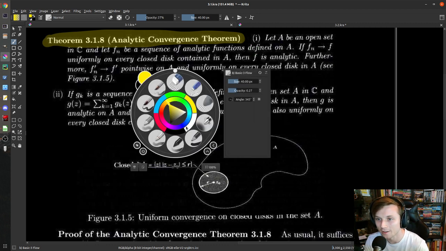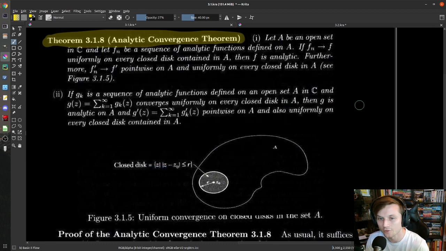So the analytic convergence theorem is two parts, 1 and 2. As it will turn out, it suffices to prove 1, and you'll see why very shortly.